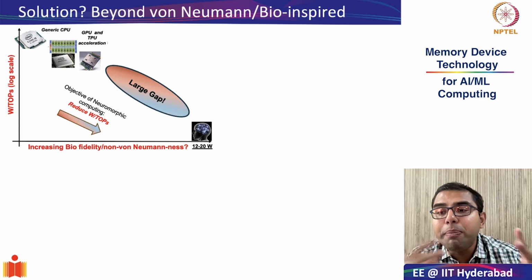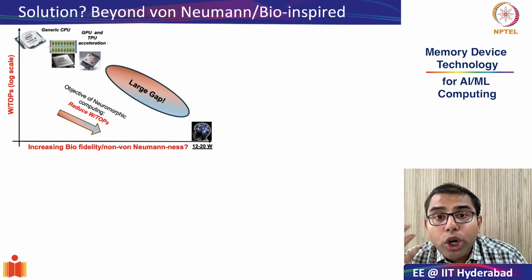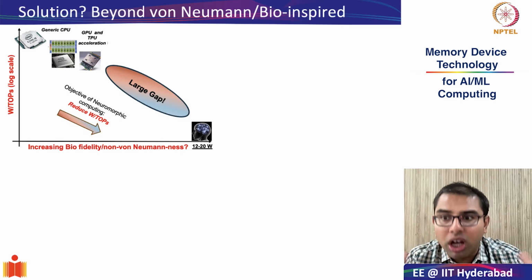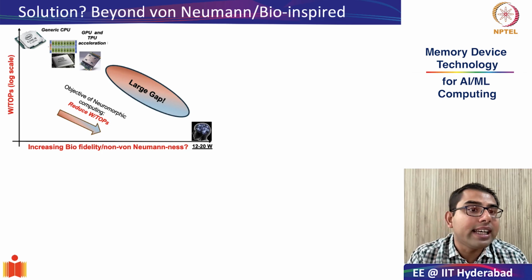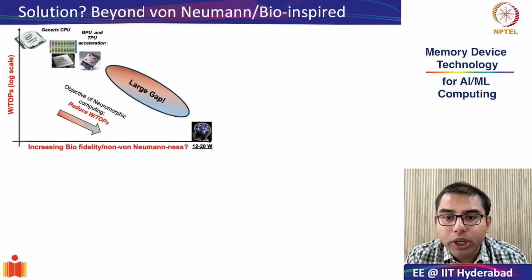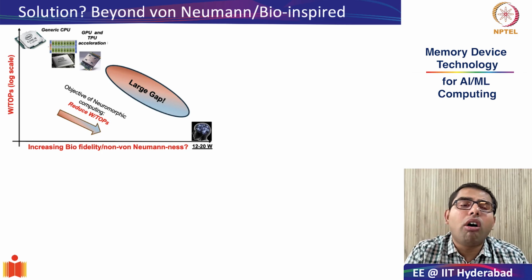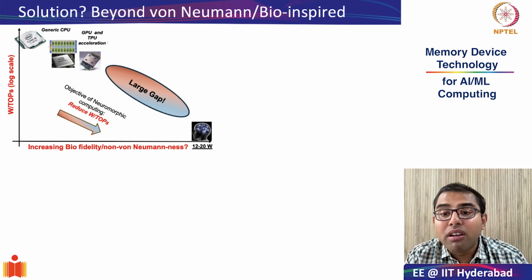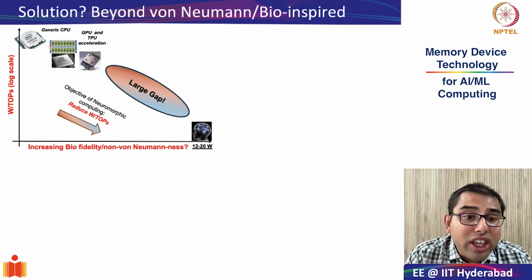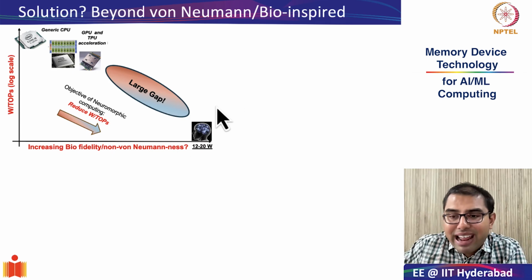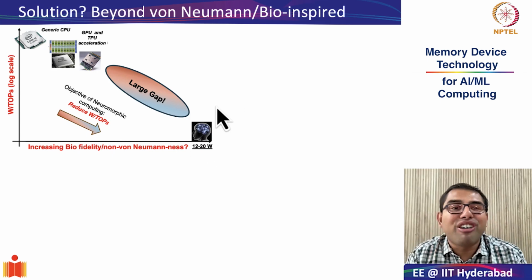Definitely, while GPUs and TPUs, by doing multi-parallelism, we saw give some advantage over generic processing units like a CPU, still there is an orders of magnitude gap remaining between our best hardware and the human brain, which is sitting right at the bottom right corner.